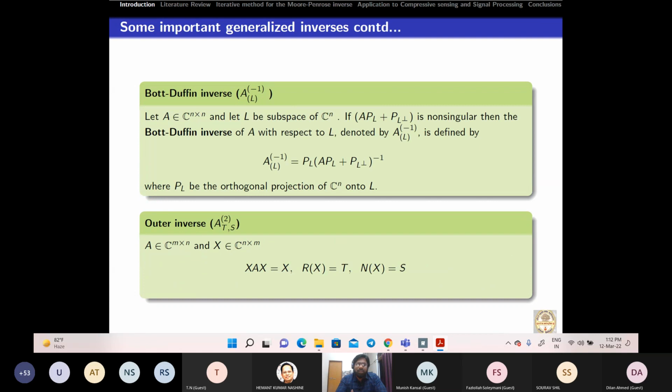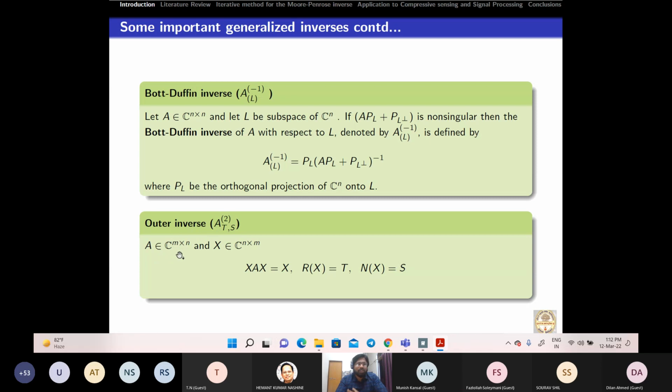But I focused mainly on the Moore-Penrose generalized inverse, and one more important generalized inverse, that is called the outer inverse A_{T,S}. Even Professor Faisal has worked on several research papers on the computation of outer inverse, and I have also worked on this. What is outer inverse?